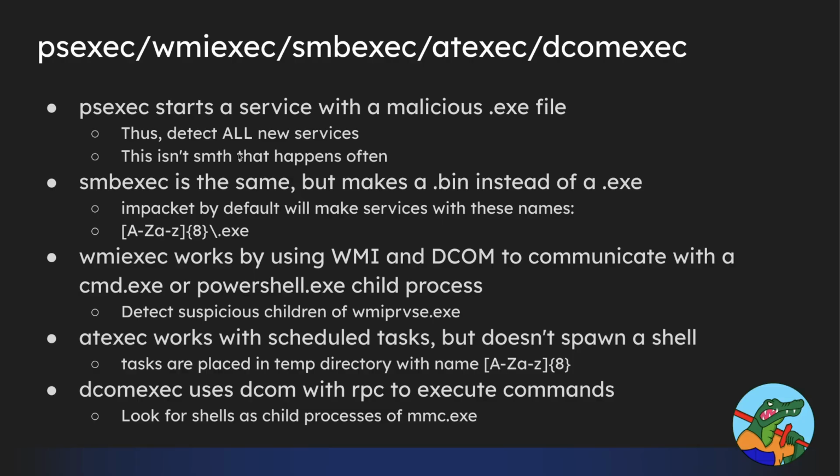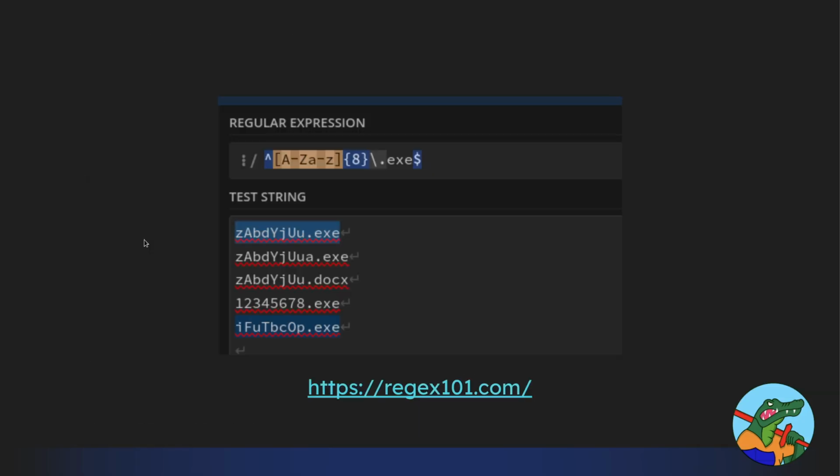Now, something that's really interesting is that every single one of these will create a service or a named pipe with this format. Who knows what this format means? Or who doesn't know what this format means? Oh, wow. This is regex. Here's a snip from regex101. This basically means 8 uppercase or lowercase letters and .exe.